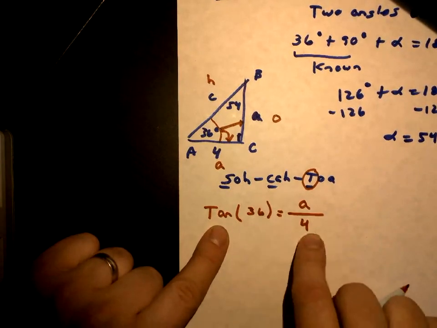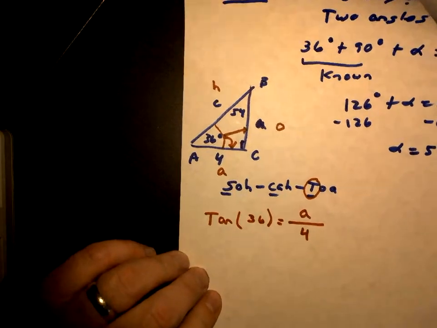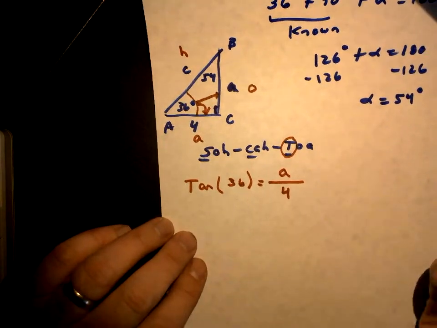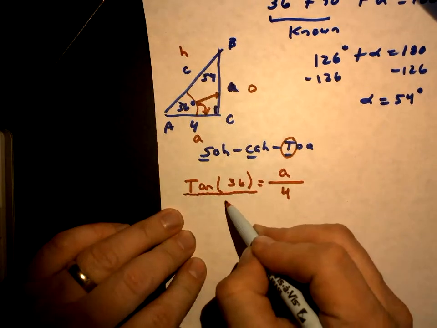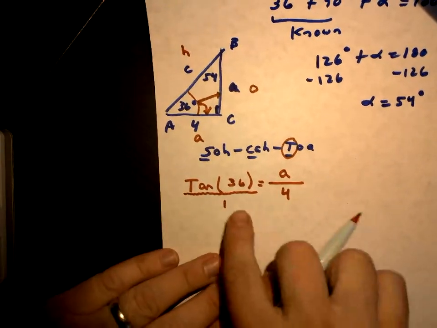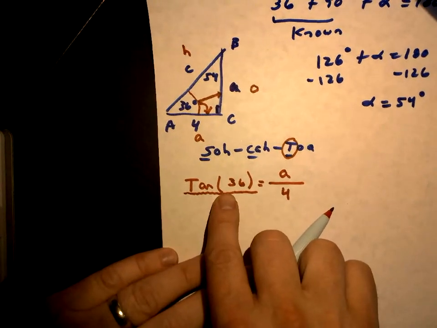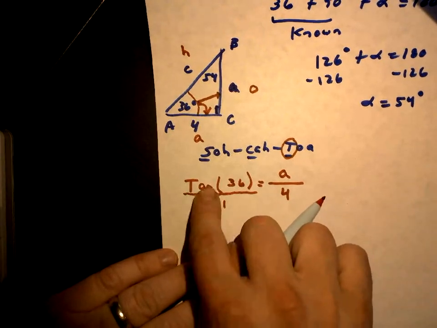You need at least two things for a three-part problem. Well, now you just apply a little bit of cross multiplying. That's usually over 1 because that is just a number in your calculator. That's just an angle measurement or a decimal. So that's just a number.